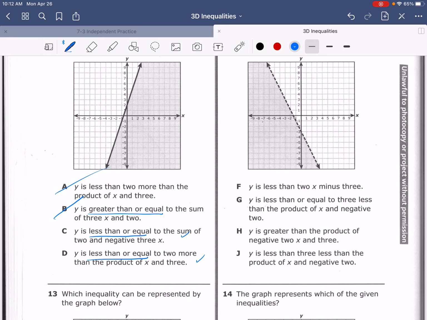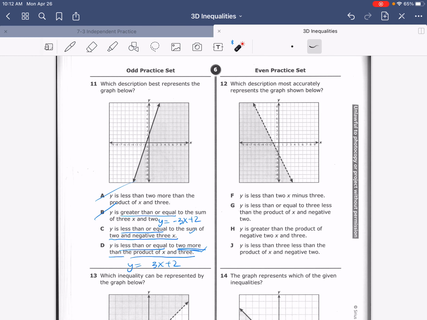It says the sum of 2 and negative 3x, you're going to add 2 and negative 3x. So negative 3x plus 2. That's the equation for y. The other says 2 more than the product of x and 3: 3x plus 2.